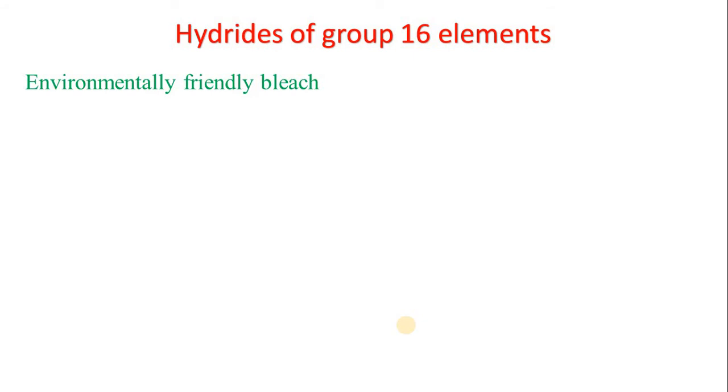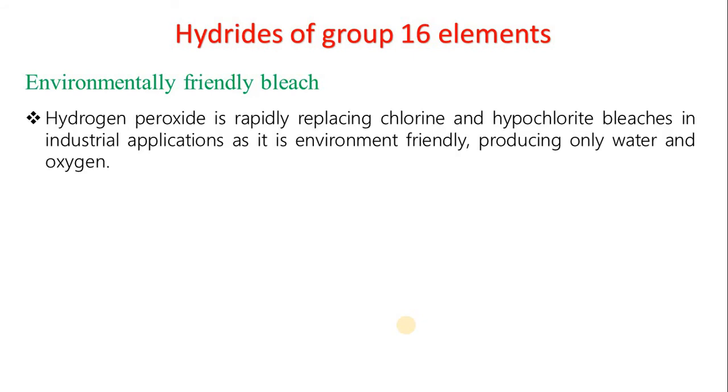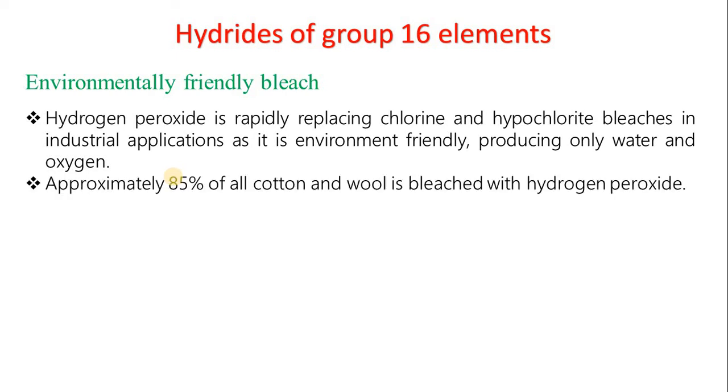The environmentally friendly bleach, hydrogen peroxide, is rapidly replacing chlorine and sodium hypochlorite bleaches in industrial applications, as it is environment friendly, producing only water and oxygen. The byproducts are only water and oxygen, so there is no harmful effect of hydrogen peroxide as compared to the other bleaches.